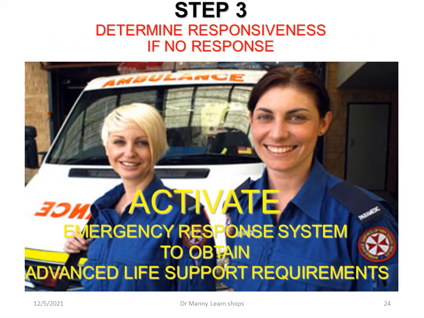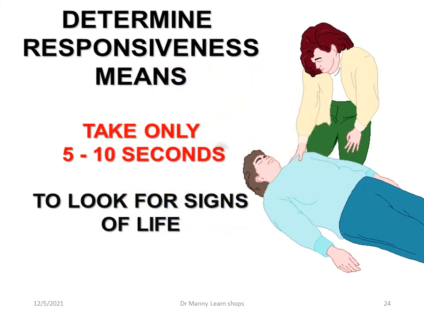In step 3, you determine responsiveness. If no response, activate the emergency response system and obtain support from advanced life providers. Determine responsiveness basically means take only 5 to 10 seconds to look for signs of life.